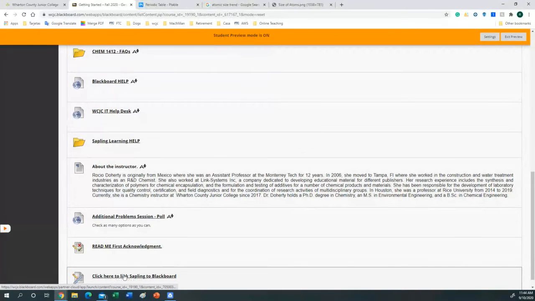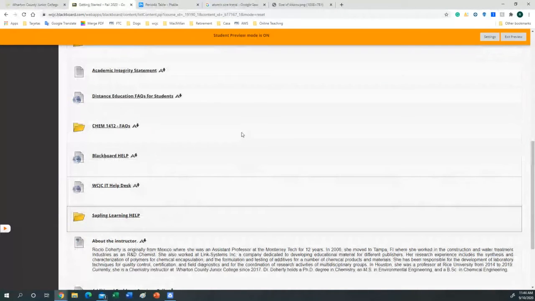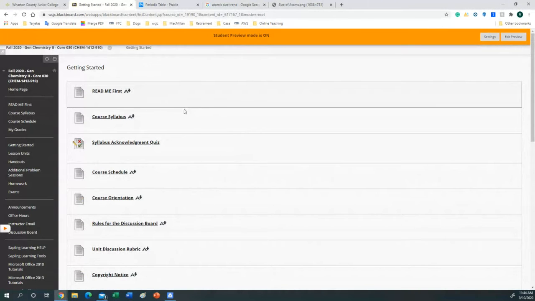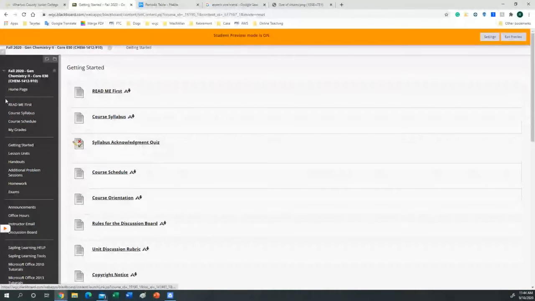This link is to buy the access through the publisher. If you want to buy it through the textbook, because probably you have some financial aid or something, it is already available there. You just have to go through the bookstore page, okay?